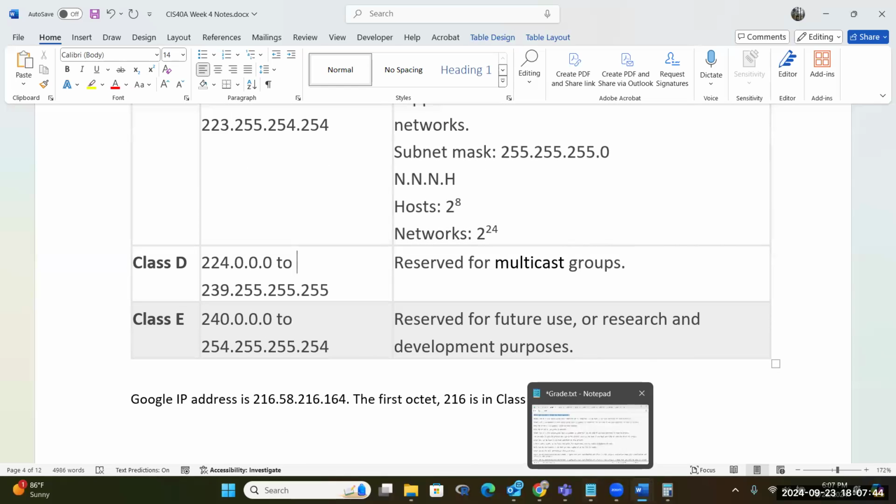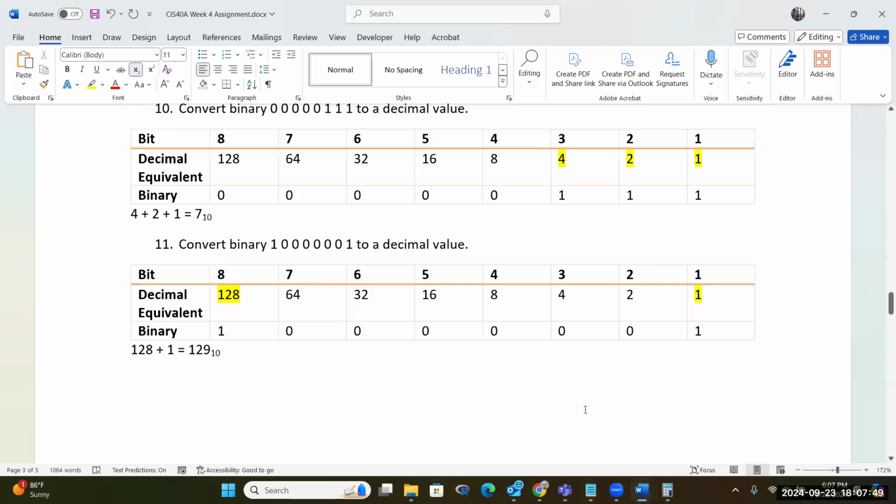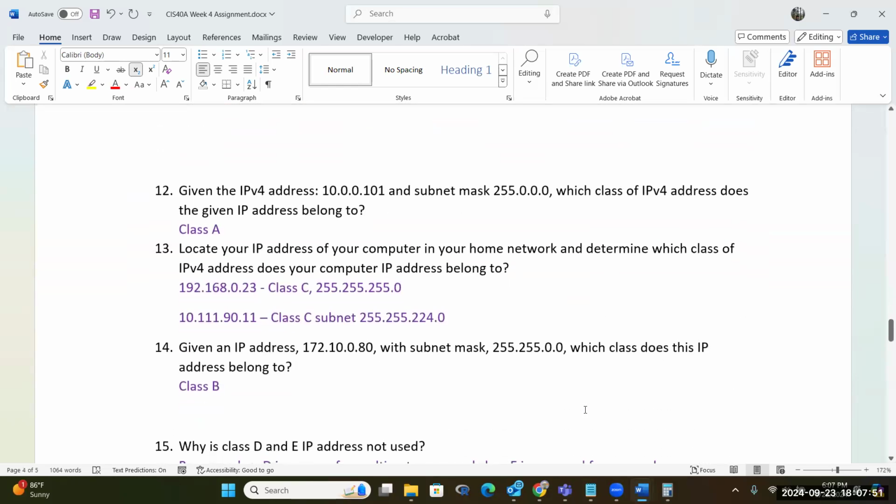Okay, let's answer the next question. Given IP version 4 address 10.0.0.101 and the subnet mask is 255.0.0.0, which class of IP version 4 address does the given IP address belong to?